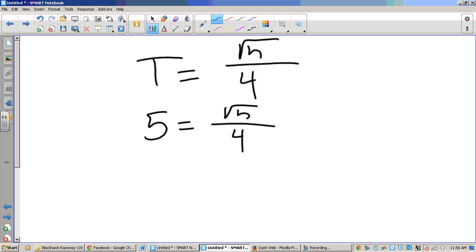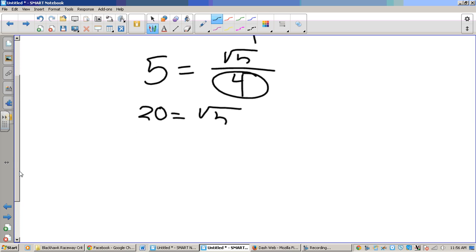So I want you to take a moment at home and press pause, and you can solve this equation. Okay, so hopefully you remember that we're going to multiply by the denominator. Just like any other time we're going to solve for h, we want to get h by itself. So if we multiply both sides by 4, we have 20 equals the square root of h.